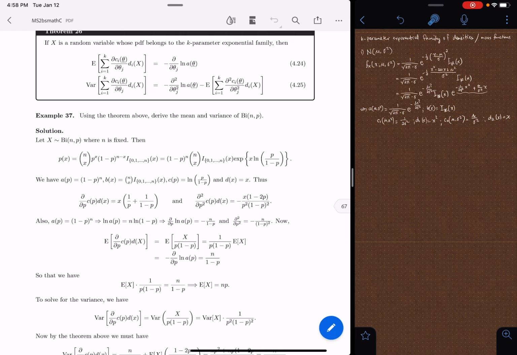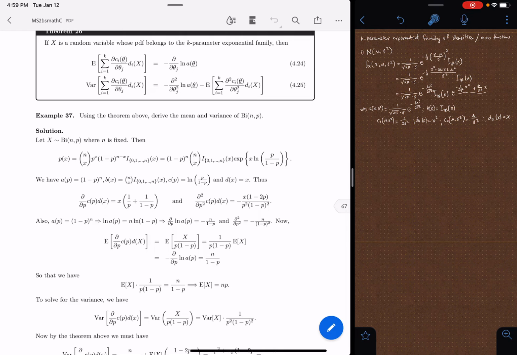Meron tayong exponential of x times ln of p over 1 minus p. So, in that case, our a of p is 1 minus p to the n. Ang b natin is n choose x times the indicator function. Ang c natin is ln of p over 1 minus p. At lastly, d of x natin is x.